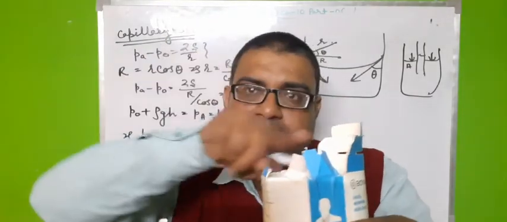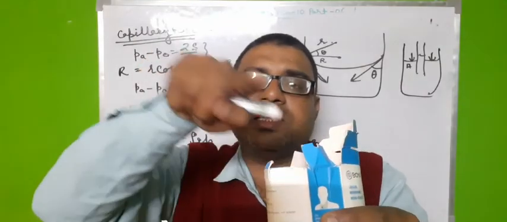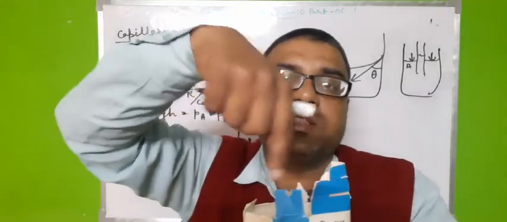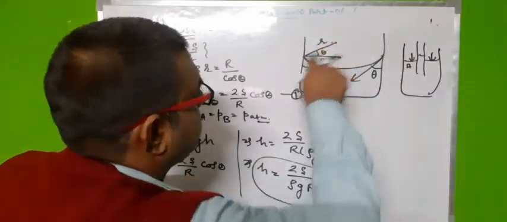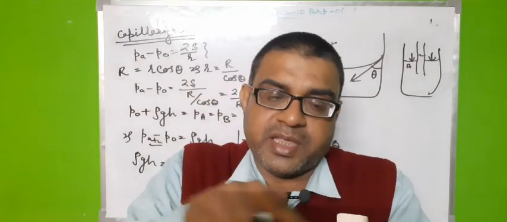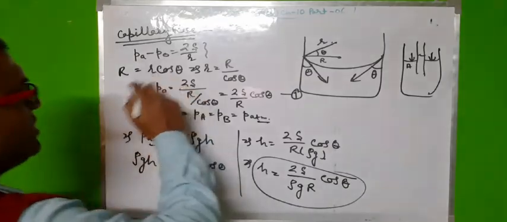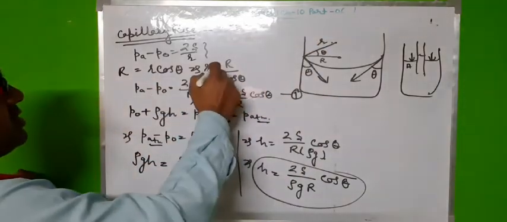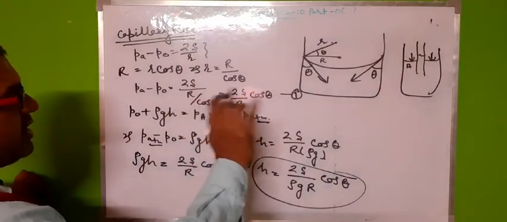Whatever the radius of this curve is, it is a small r, and this small r is making an angle theta with the capital R. So we had taken its component as r cos theta, and 2s upon r cos theta we had considered.